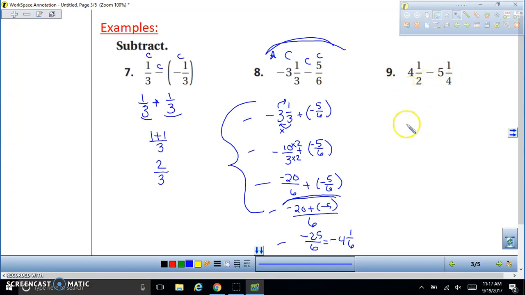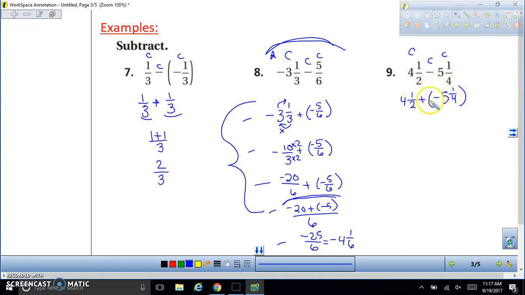Example 9, because this is a continuation of 2.2 from a couple classes ago actually. Copy, change, change, copy, change to addition, change to negative 5/4.